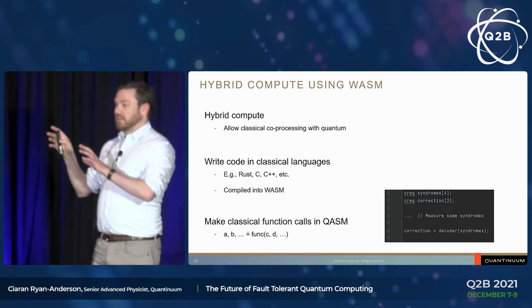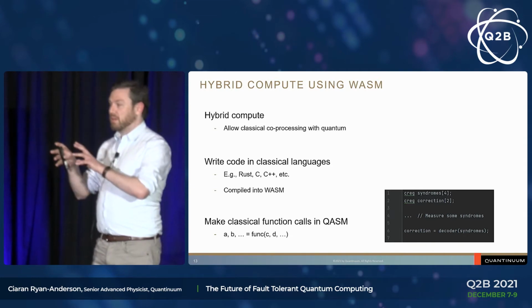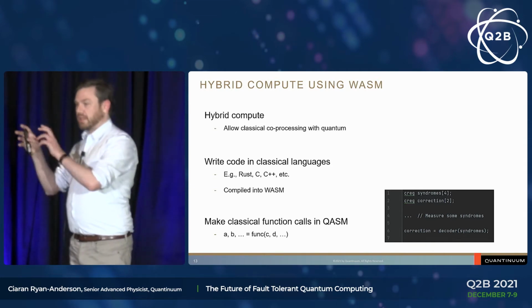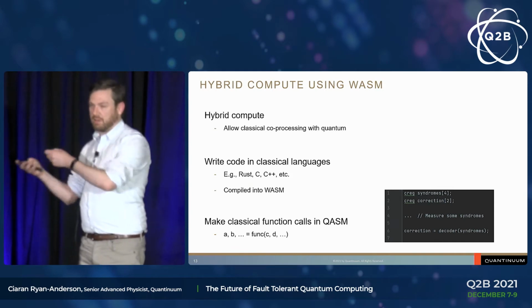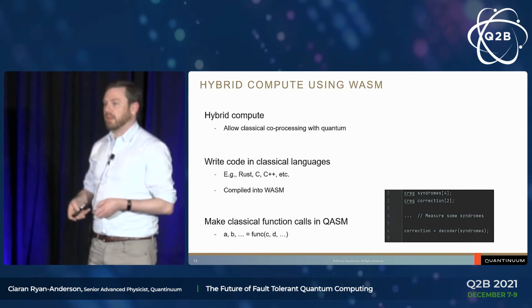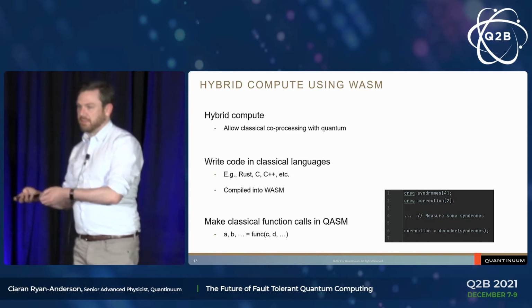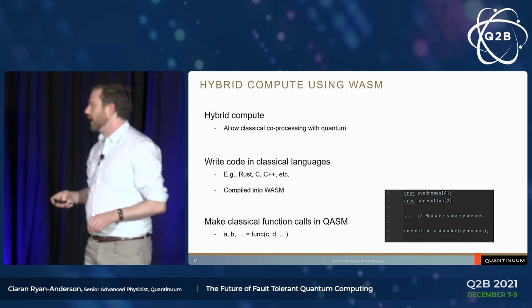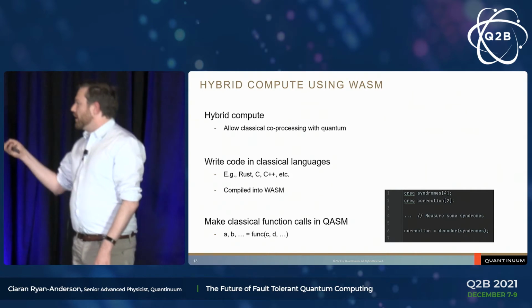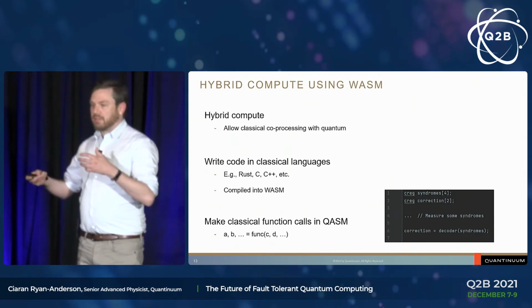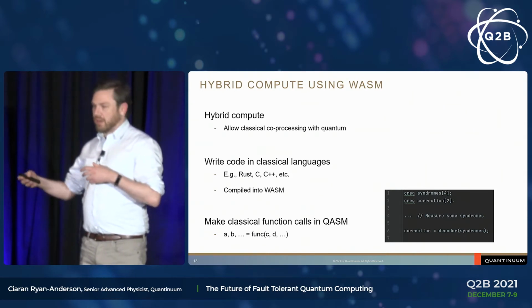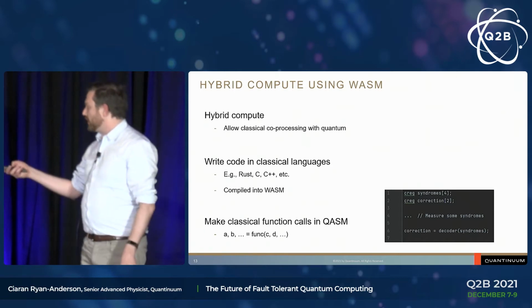Because the classical compute environment is its own environment, you can also just store those corrections inside it and call the corrections back when you need them, like whenever you encounter a logical non-Clifford gate, for example, and you actually have to apply or adapt the gate. So the quantum program and the classical program interact via basically function calls.